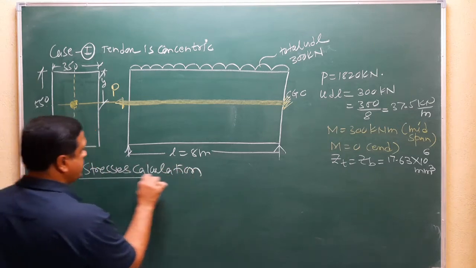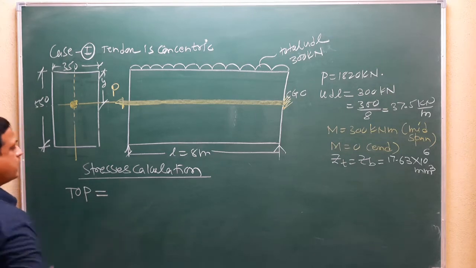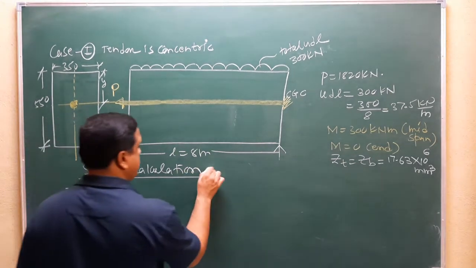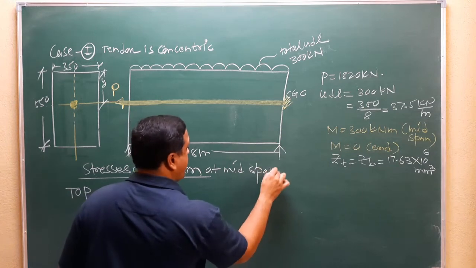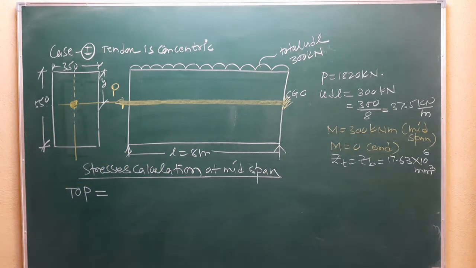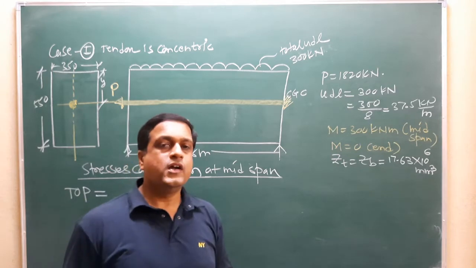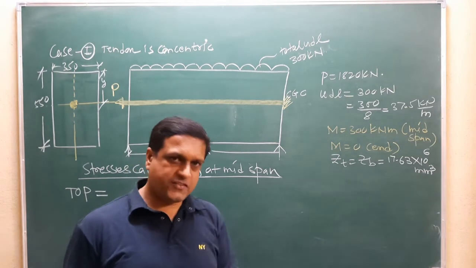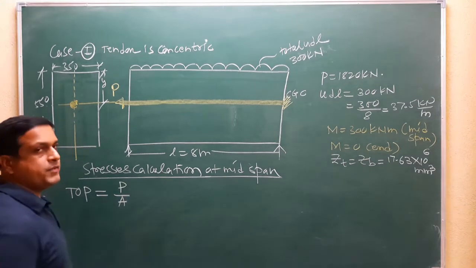Stresses calculation. So first we find the top fiber stress. Stresses calculation at mid span. So what is the top fiber stress? The stress developed due to the axial pre-stressing force is P by A. It is always compressive.